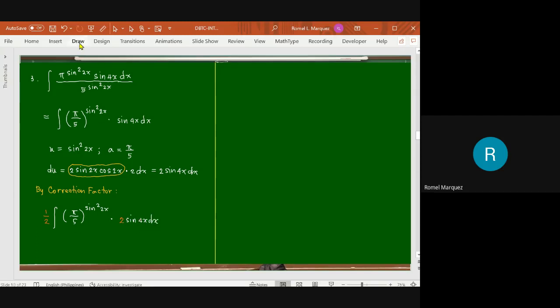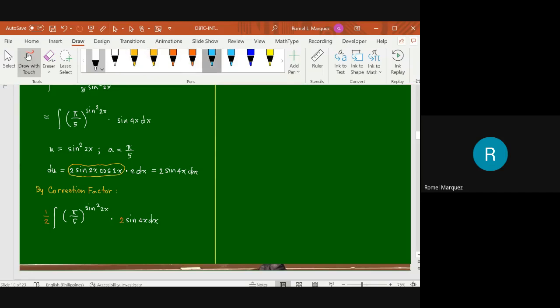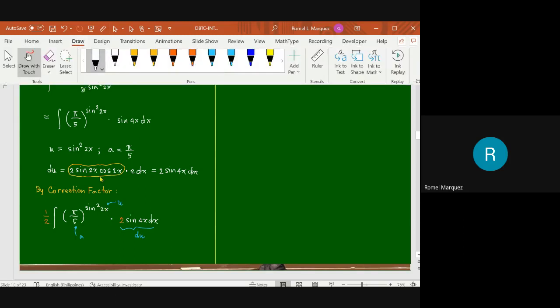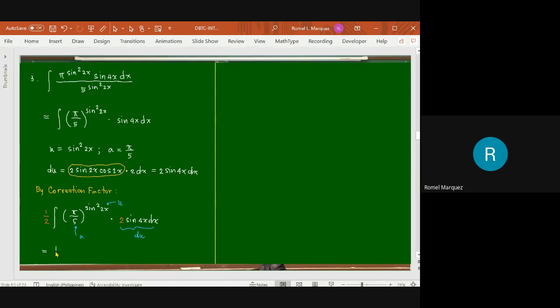So how do we read this now? This is u. This is du. This is a. The integral of a to the u du. If it is the integral of a to the u du, what is the answer? A to the u over ln a. But what is my a?